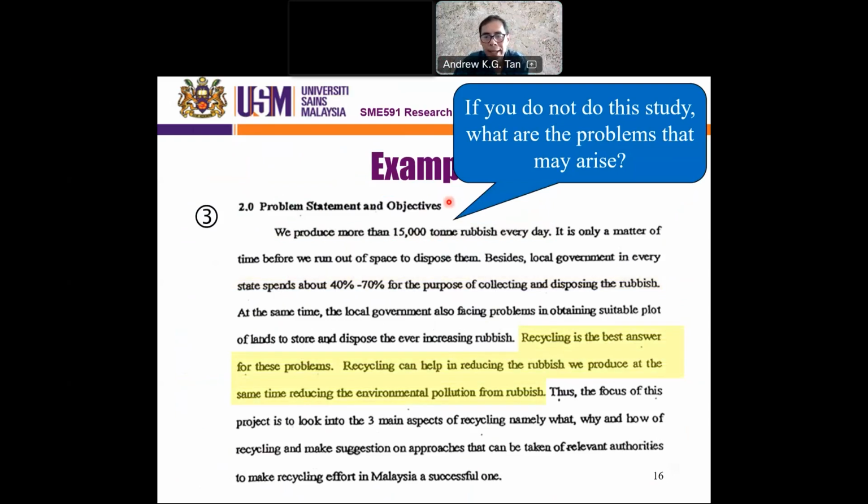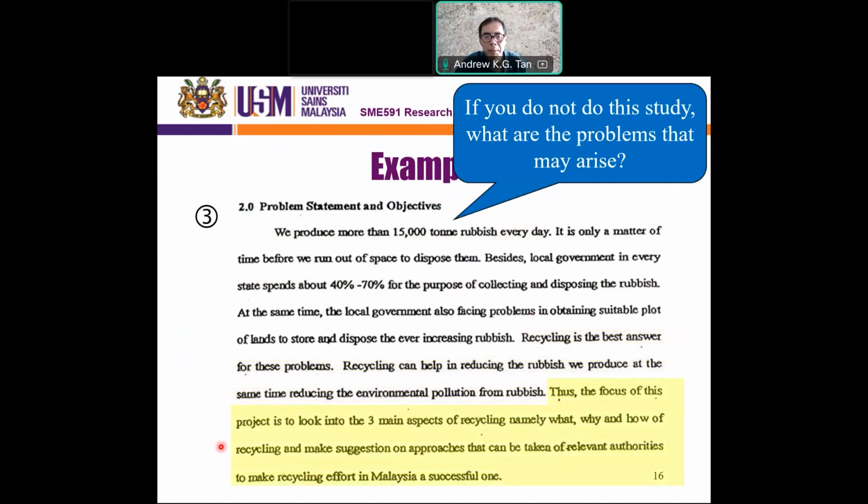Okay. Recycling is the best answer for these problems. Recycling can help in reducing the rubbish we produce, at the same time reducing the environmental pollution from rubbish. These are just statements which have not examined what are the problems that may arise if this study is not conducted. Okay.